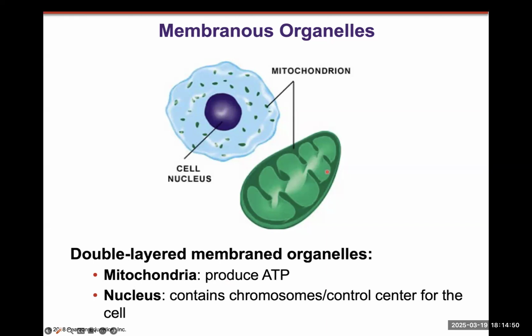It's going to have 2 layers of membranes, and inside here it has even some DNA. So in the mitochondria, it's going to have mitochondrial DNA that's in there. That's called mDNA, mitochondrial DNA.